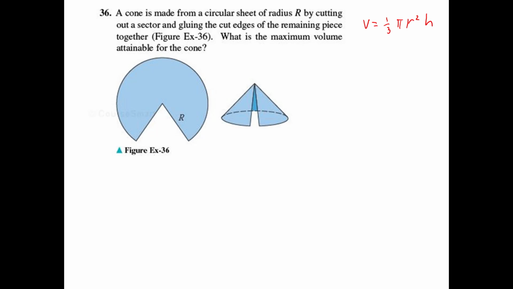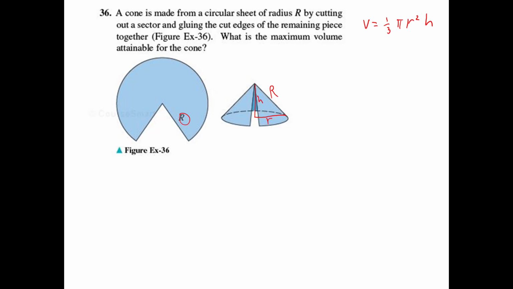Okay, and so again, we have too many variables, so what we have to do is search for a constraint. And so your constraint comes from the fact that when you make your cone, if you come straight down and straight across, then this right here is going to be however big that was. And this right here is your height, and this right here is your radius.